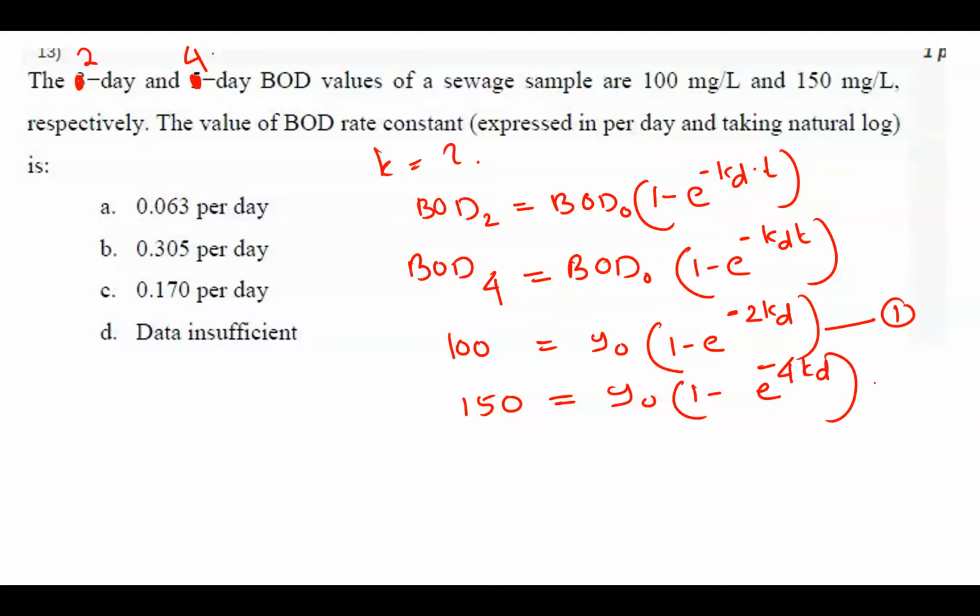This is equation 1 and this is equation 2. Now solve 2 by 1 and write the equation like before. Then tell me the final equation in terms of e raised to minus 2 kd or 4 kd, and how you reached it.